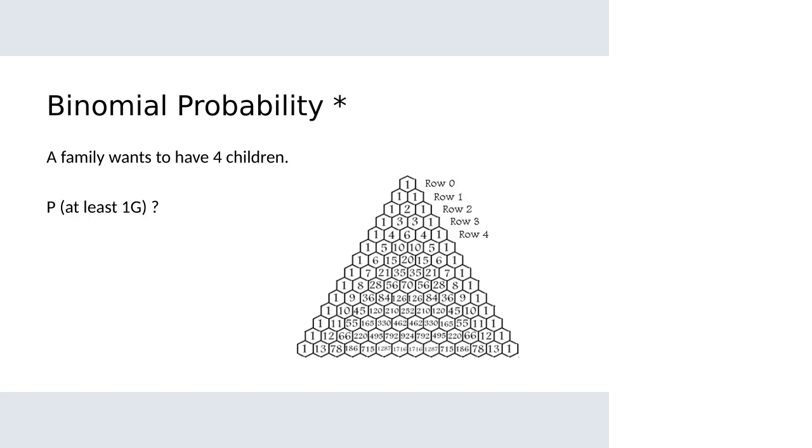Probability of at least one girl if the family has 4 children.